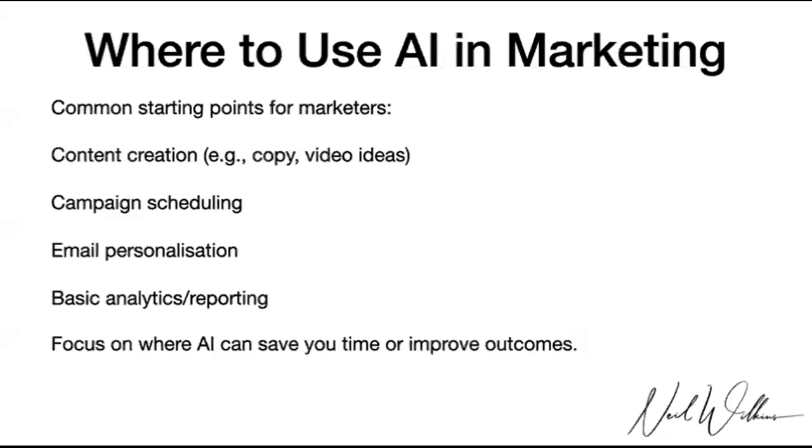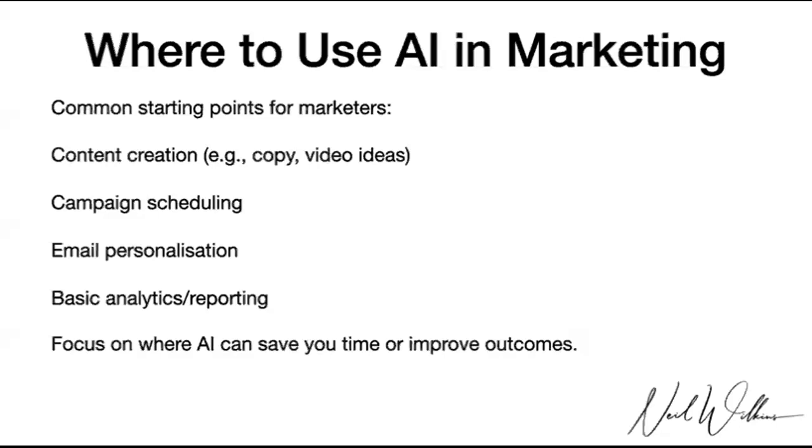That's where most of us began our journey of using AI. But now we can use it to schedule our campaigns. We can use it to personalize emails. We can use it to evolve from basic analytics and reporting into something a lot more sophisticated and a lot more useful.